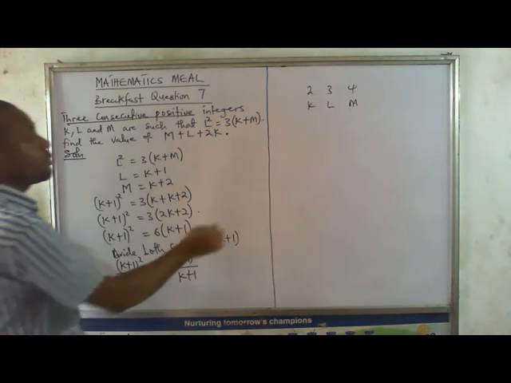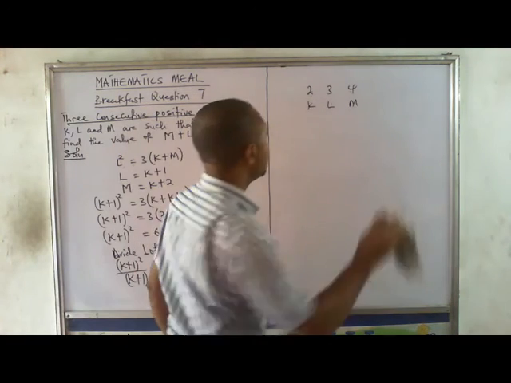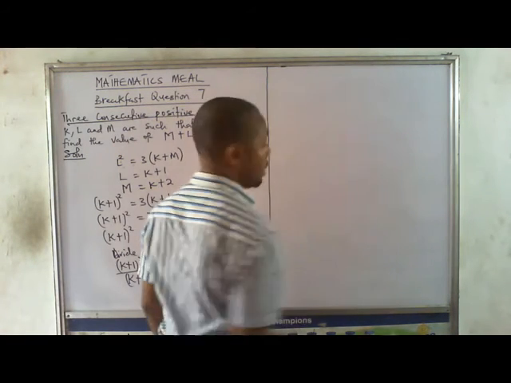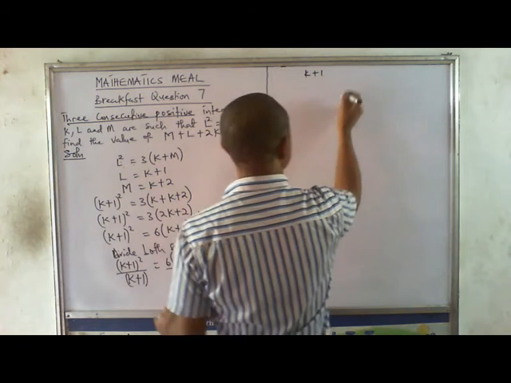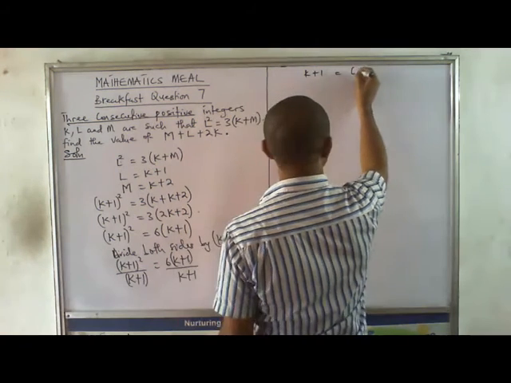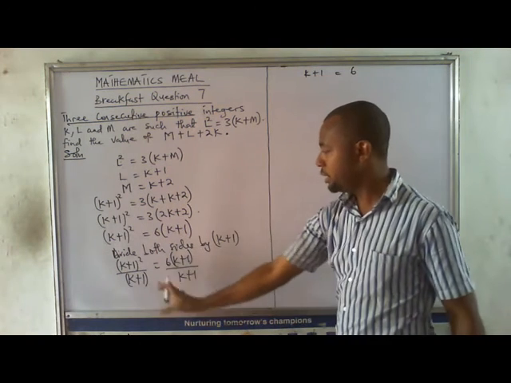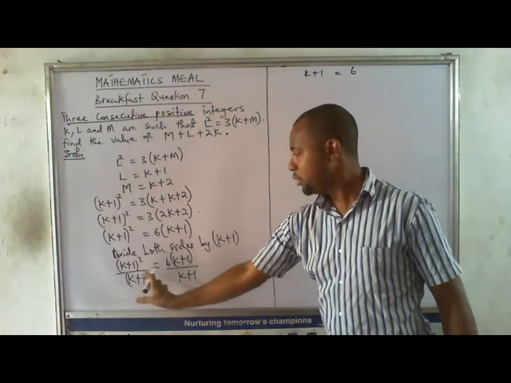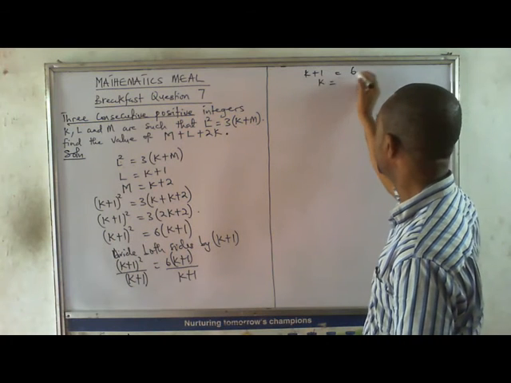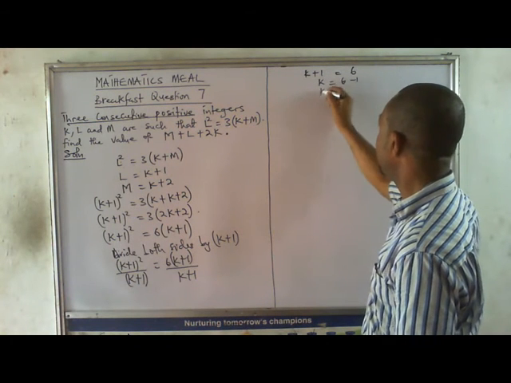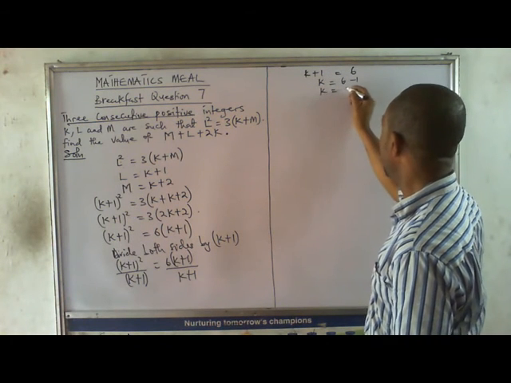When this divides, we are left with k plus 1 is equal to 6. So k becomes 6 minus 1. k is equal to 5.